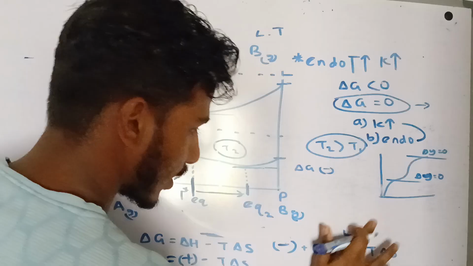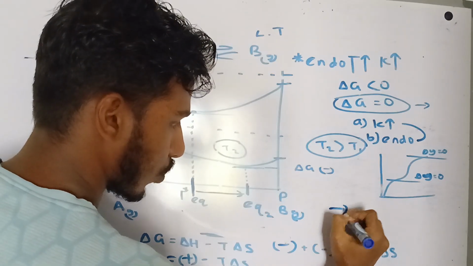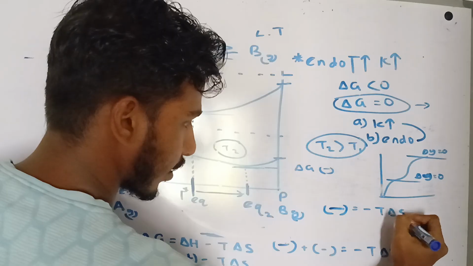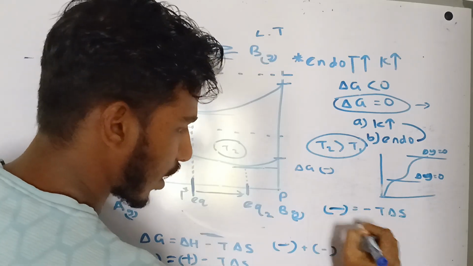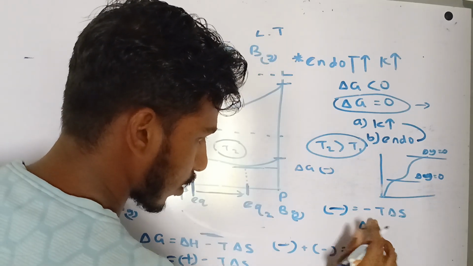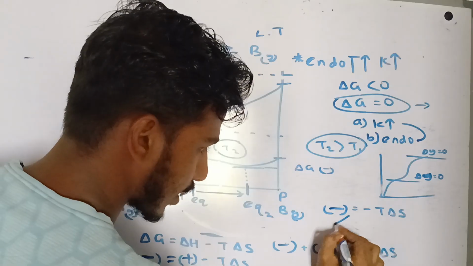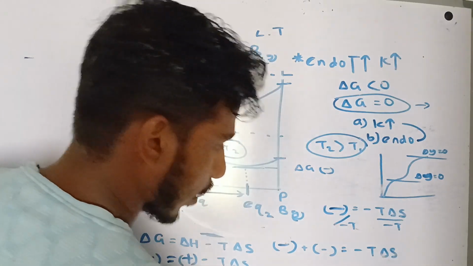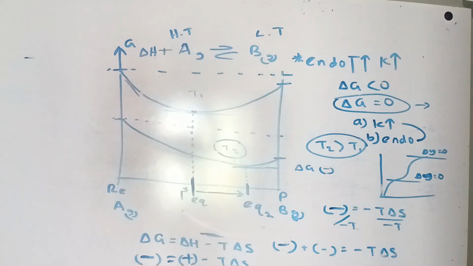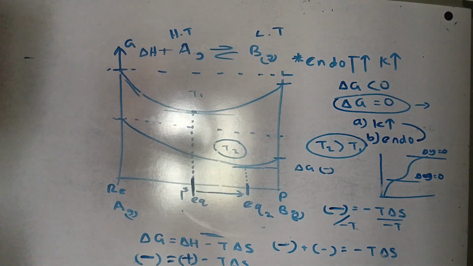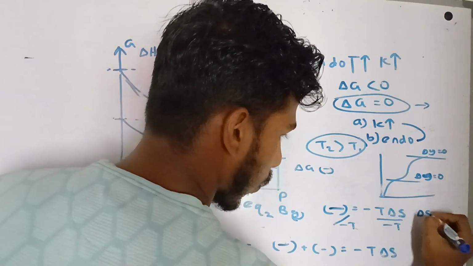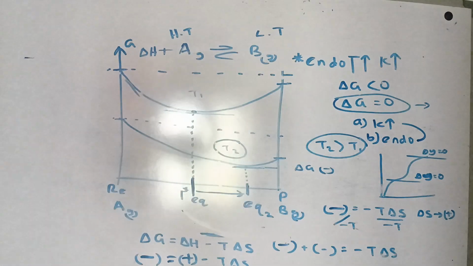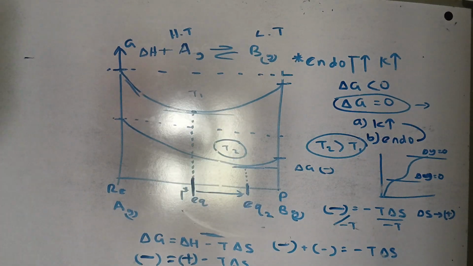So you are having a negative value equal to minus T delta S. So negative will become positive then, because when you divide it by minus T, my entropy change will be a positive value. My entropy change will eventually be a positive value.